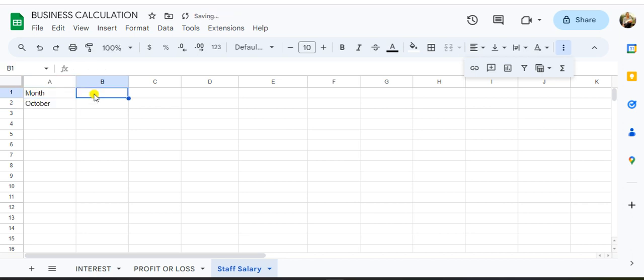Dates: we employ the person on the 10th, like the person resumed work on the 10th of October, and the net salary we are paying the person is, let's say, 250,000 naira, right?